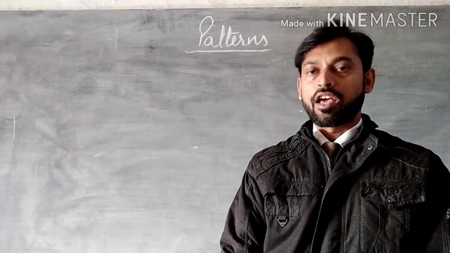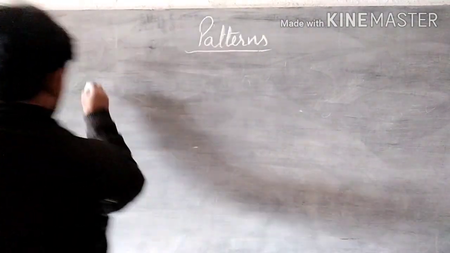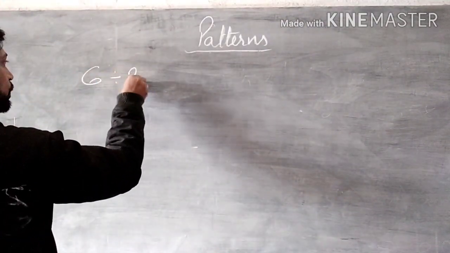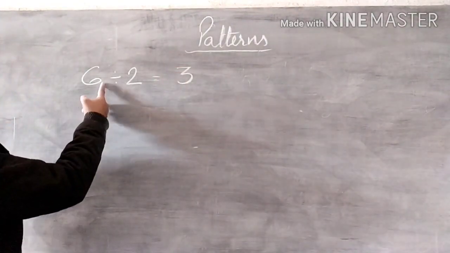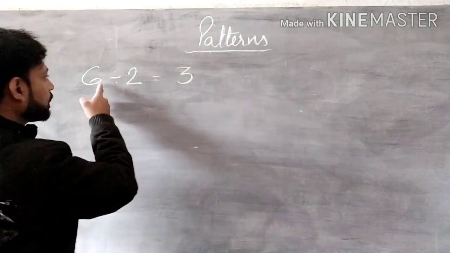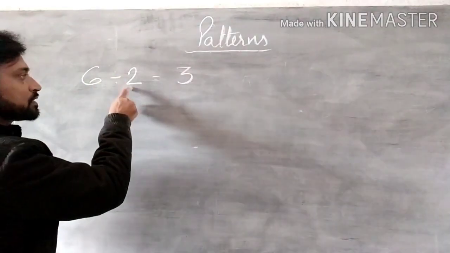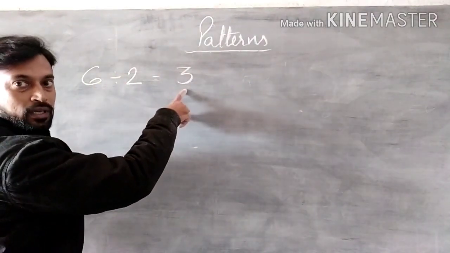Now if you know 6 divided by 2, you will get what? 3. If we increase the number of zeros in the dividend, this is dividend, this is divisor, and this is quotient. Is that clear?